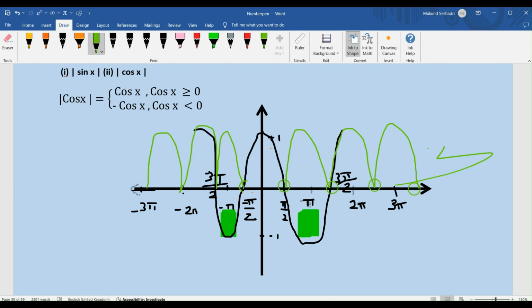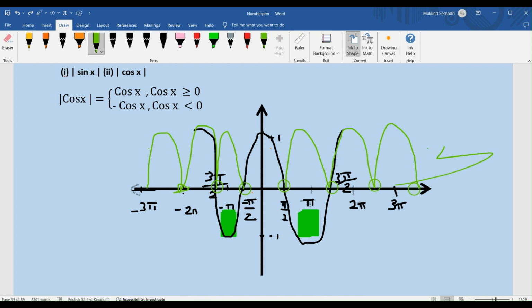Similarly, I've got minus pi by 2, minus 3 pi by 2, minus 5 pi by 2, minus 7 pi by 2, and so on, right?